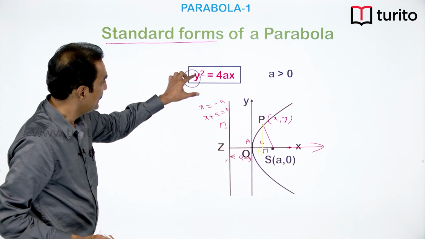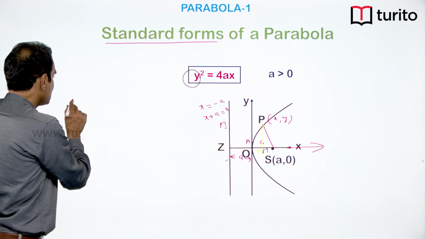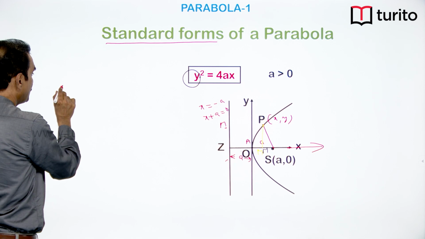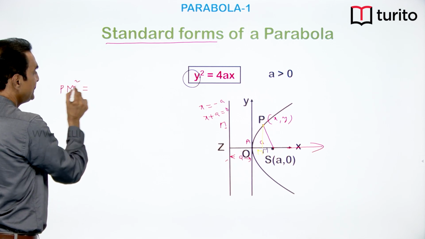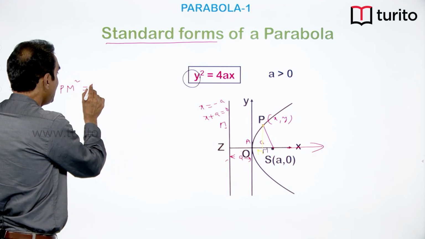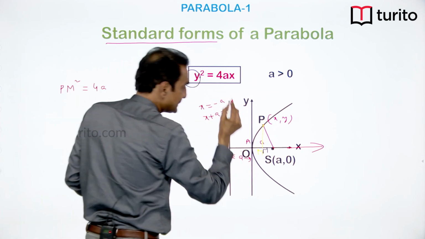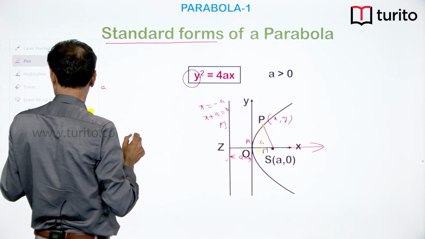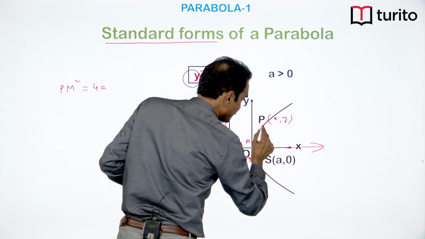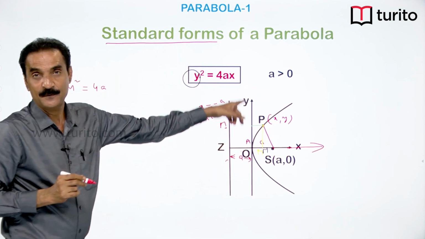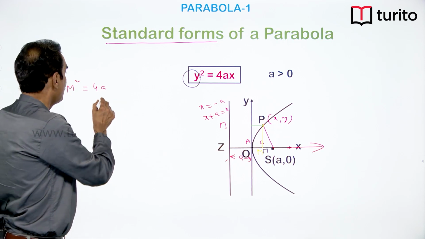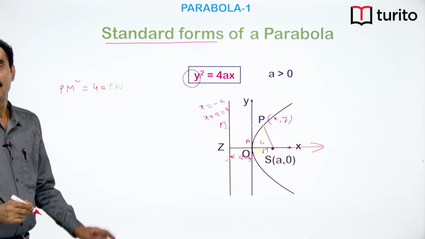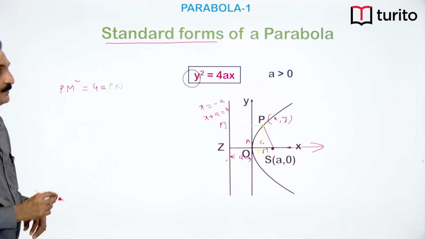This PM is nothing but y. So, I will write y square as PM square. Y square, as PM square, is equal to 4a into x. X is nothing but the distance of P from the y axis. So, 4a into PN. This is the geometrical property of a parabola.